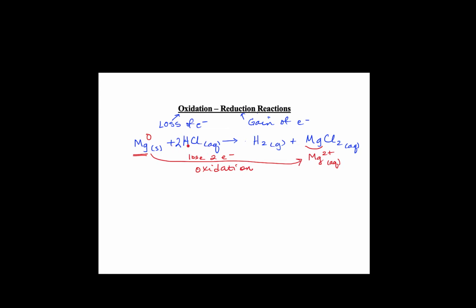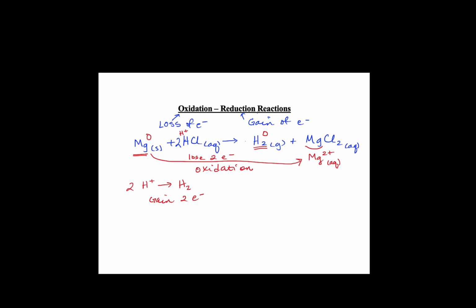And on our reactant side, we also have hydrochloric acid. We know that this is another sort of ionic compound. It's an acid, and the H is as H+. And then here, the hydrogen gas is in its neutral elemental state, and so that one also has an oxidation number of 0. And so when two H+'s go to H2, these are gaining 2 electrons.